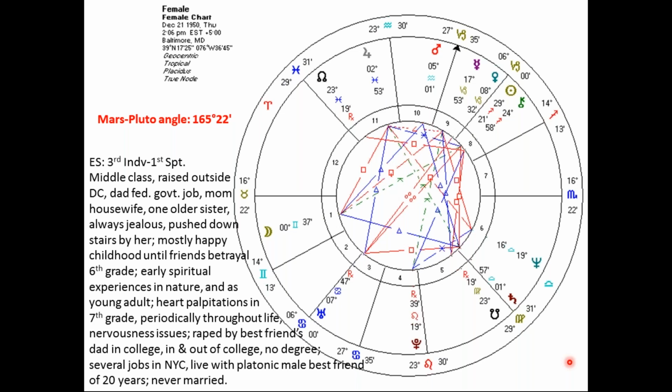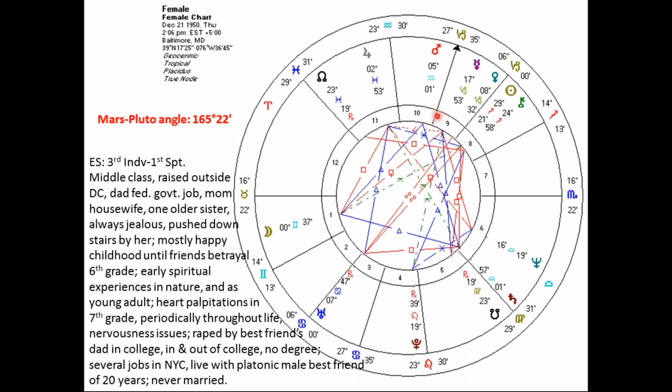Koch, Porphyry, and Placidus all have the same horizontal axis. The ascendant-descendant is always the same in all three house systems. In Koch, Porphyry, and Placidus, the fourth house cusp and 10th house cusp are identical.